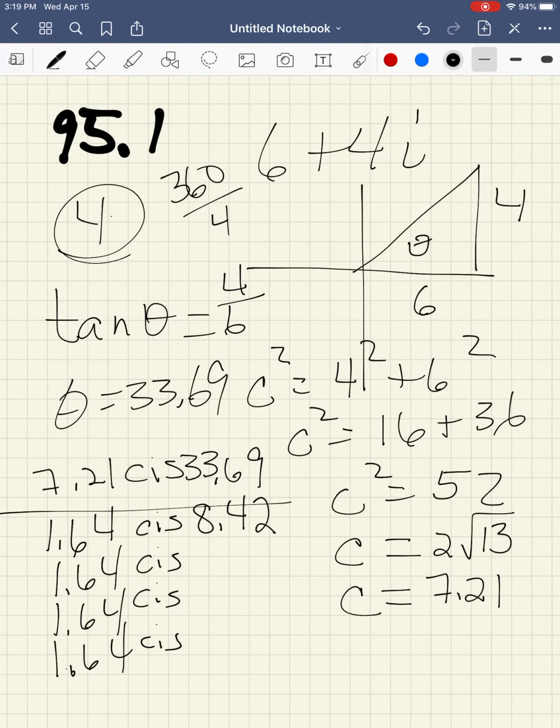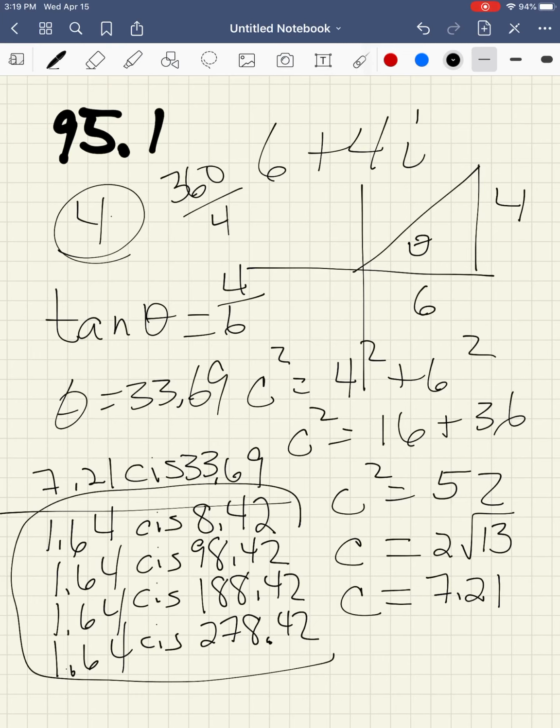So add 90 here and you'll get 98.42. Add 90 again. You get 188.42, and then add 90 again and you get 278.42. So there are the 4 fourth roots.